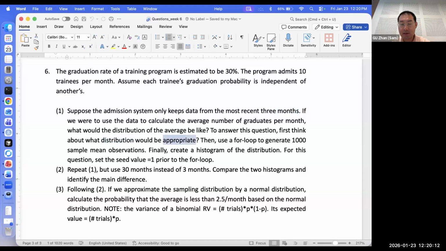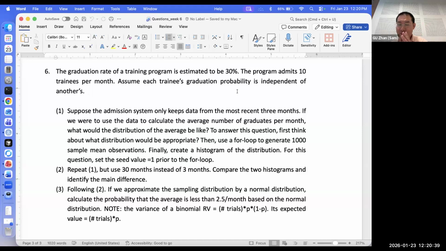It is a binomial distribution, because each trainee either fails or passes, and you have 10 trainees. Each of them either fails or passes, and the graduation rate is 0.3. So on average, out of these 10, 3 are expected to pass every month.